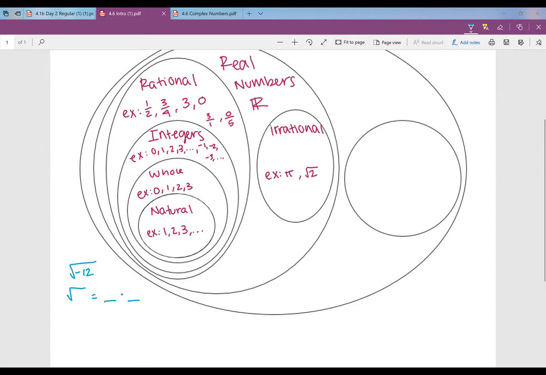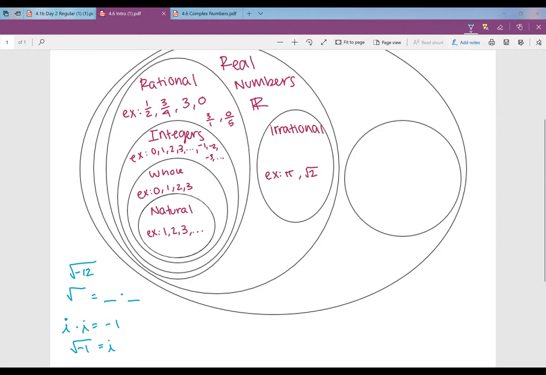Until eventually, someone said, you know what? I'm going to make a new number. Okay, and this new number they called i, and i is a number such that i times i is equal to -1. Now, if i times i is equal to -1, that means that the square root of -1 is equal to i.